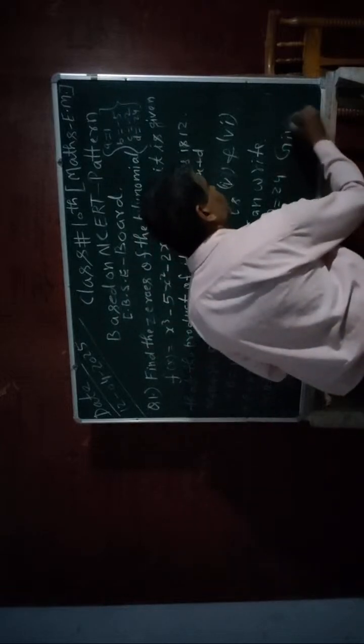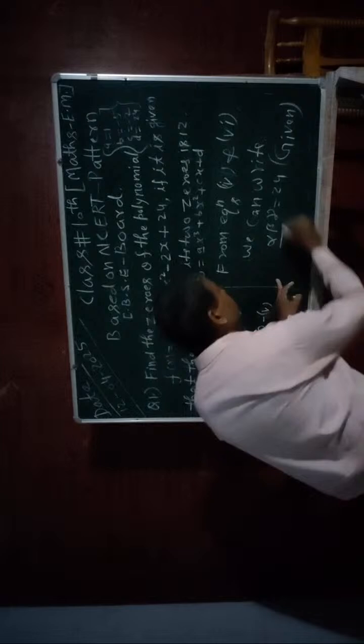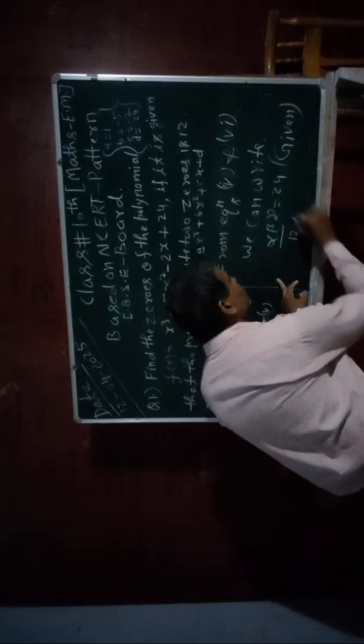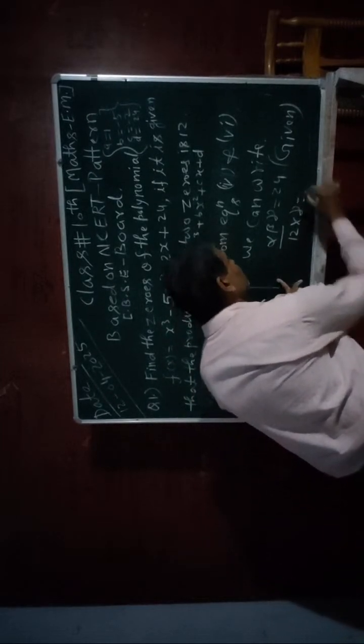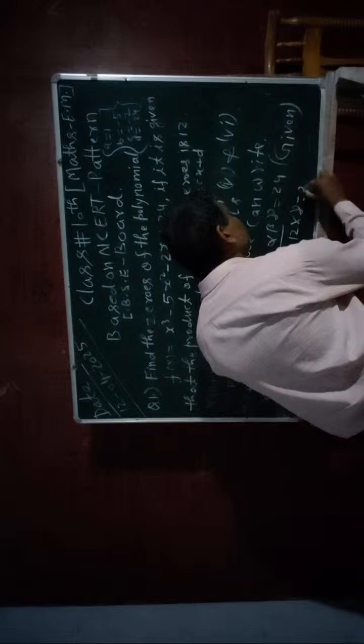It is given from the question. Now I will put the value of alpha beta from equation 4, that is 12. So in the place of alpha beta I will put 12 into gamma is equal to 24.